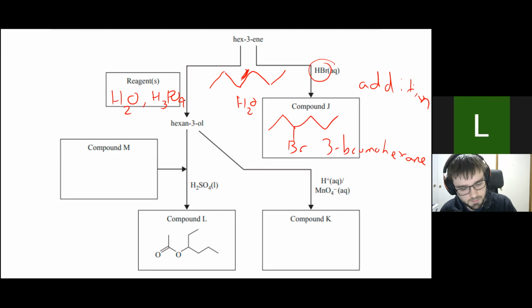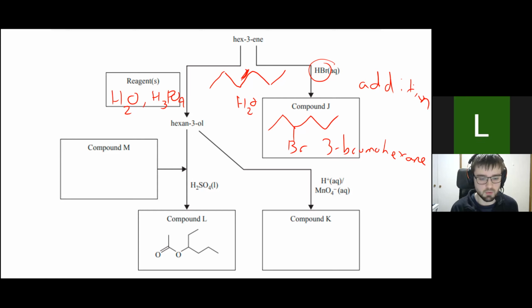All right, let's go down to the right to compound K. So we've got hexan-3-ol, which is going to look like this. It's going to have 6 carbons, and then the OH on the third one there. And if we're adding permanganate down here, whenever you see some kind of metal, especially if it's in a high oxidation state, so for example, this manganese is in +7, which is why it's a really, really strong oxidant, it's going to oxidize whatever chemical we're looking at.